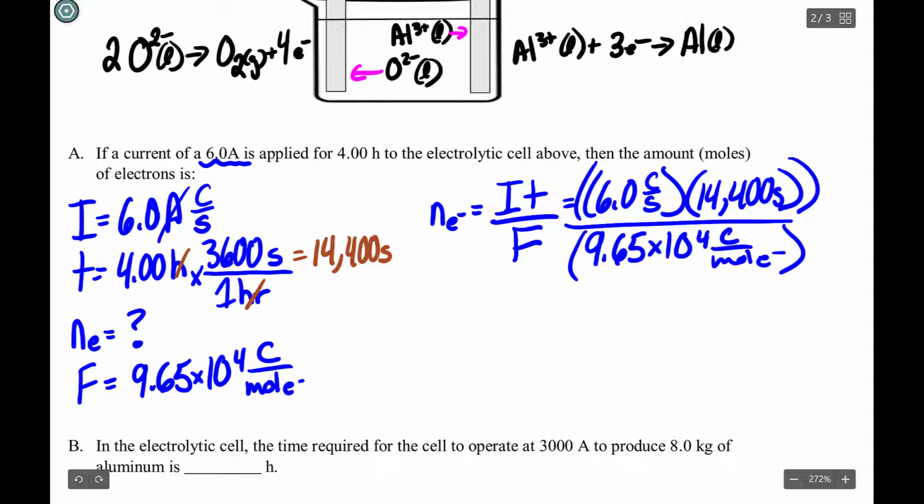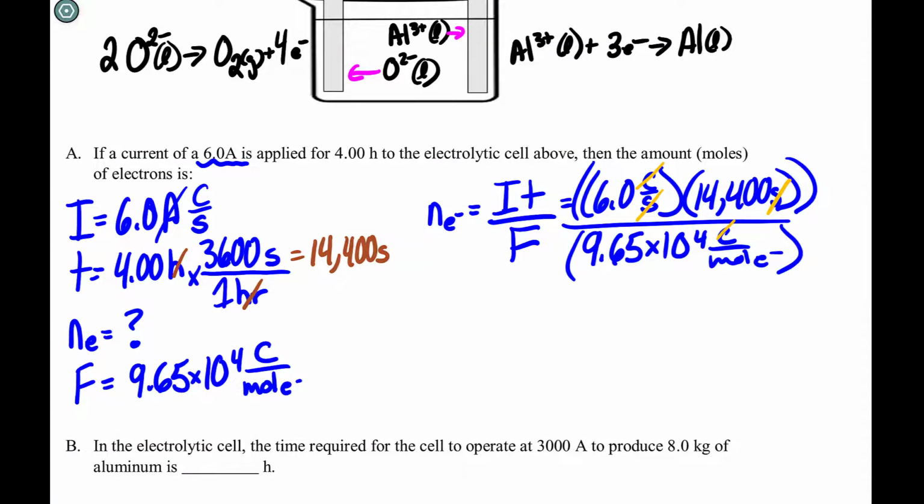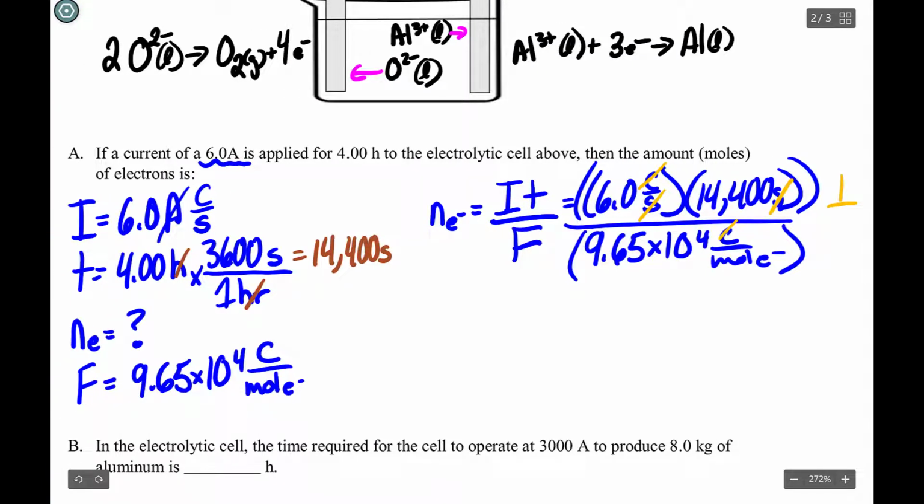Now what you'll see in terms of the units is coulombs on top is going to cancel out with coulombs on the bottom. This is now 1 over seconds times seconds. The seconds will cancel out. And so now what I'm left with in terms of a unit is 1 over moles of electrons, which will invert to moles of electrons, which is exactly what I'm solving for.